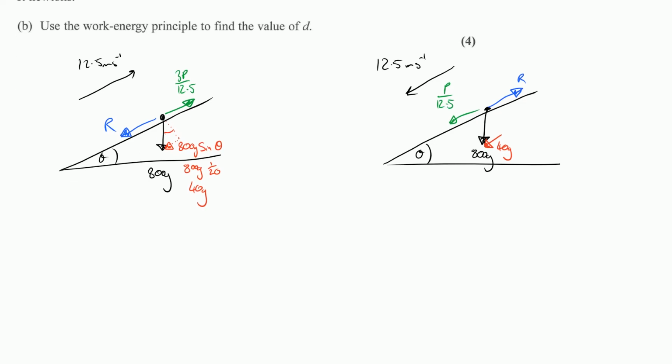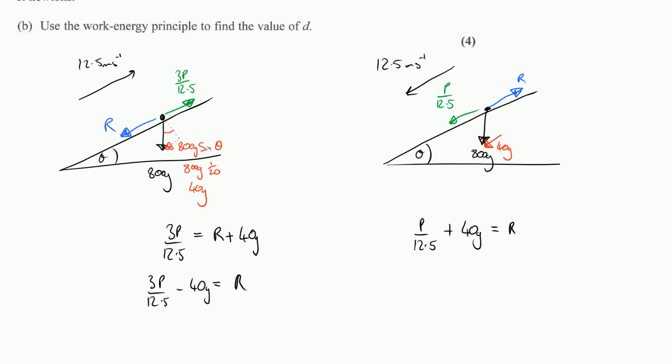So just looking at my questions here, when I'm moving uphill, the force was 3p over 12.5, and when I was moving downhill, my force was p over 12.5. I've got two systems, so I've got simultaneous equations here. From my first system, resolving this, I'm going to end up with 3p over 12.5 is equal to R plus 40g. And from my second system, I've got that p over 12.5 plus the 40g is equal to R. Now what I've chosen to do here is to rearrange this equation to give me 3p over 12.5 minus 40g is equal to R. So now I can set the two equations equal to each other.